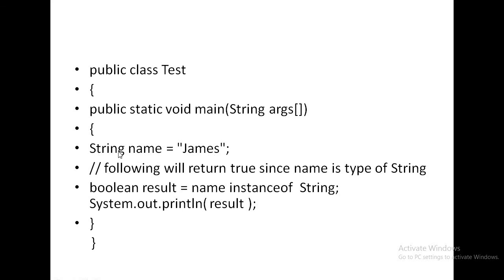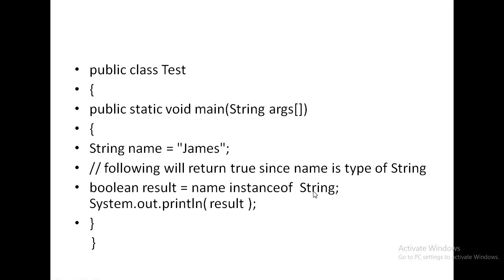We know that String is the inbuilt class in Java and name is the object of the String class. Then boolean result = name instanceof String. What does the JVM check here?